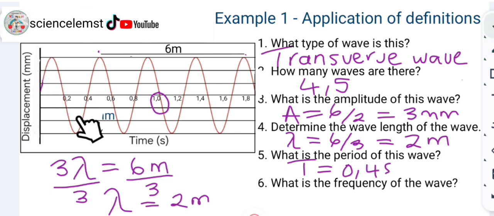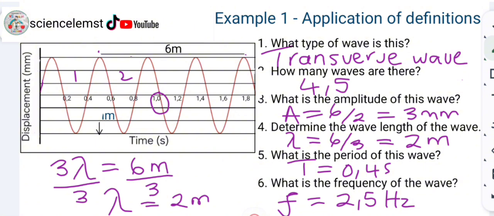A crest and a trough, 1 wave. A crest and a trough, second wave. And then we have a crest. So how many waves is that? 2.5 waves. So the unit for frequency is Hertz. So our answer is frequency, small f, equals 2.5 Hertz.